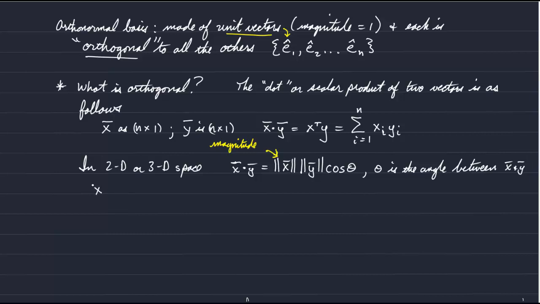So if x dotted with y is equal to 0, then theta is equal to 90 degrees, and the vectors are said to be orthogonal.